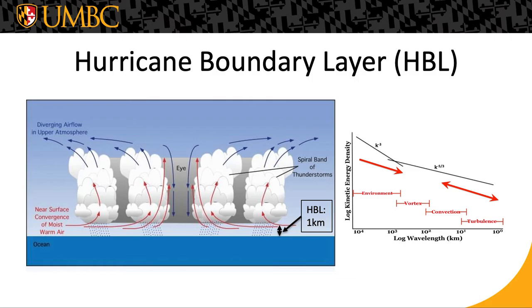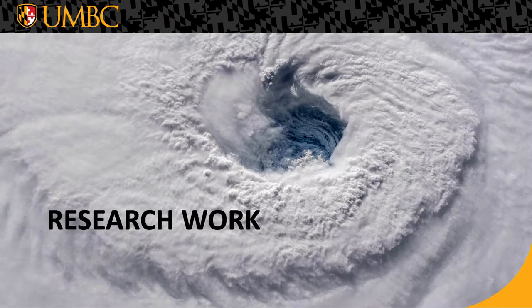On the right, you can see the schematic of the kinetic energy density as a function of wavelength for the physical processes controlling the intensification of the hurricanes. The black lines highlight the expected energy scaling from Kolmogorov turbulence theory, and red arrows denote the direction of nonlinear energy transfer. Our work is focused on this turbulent regime here.